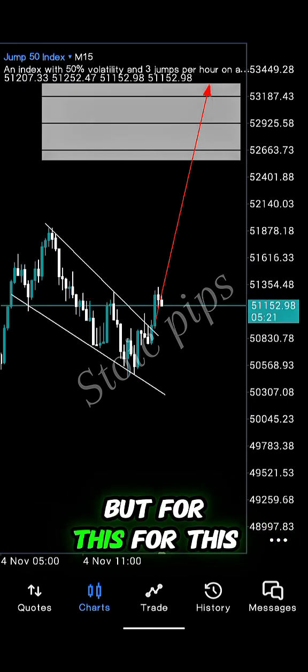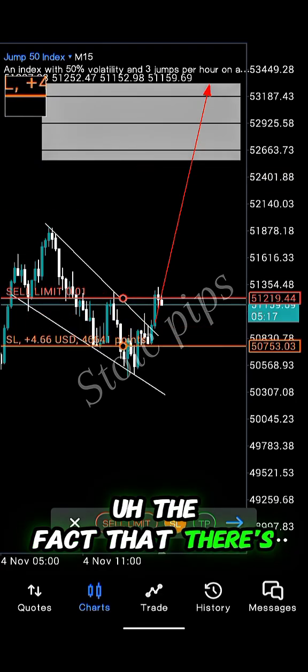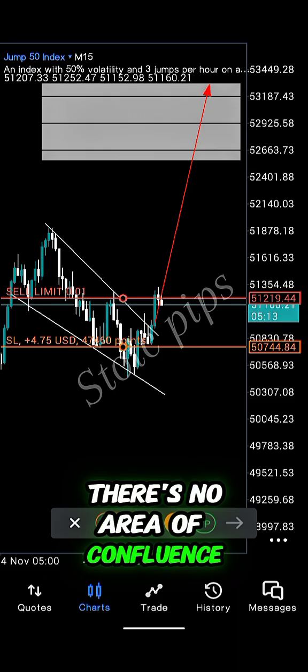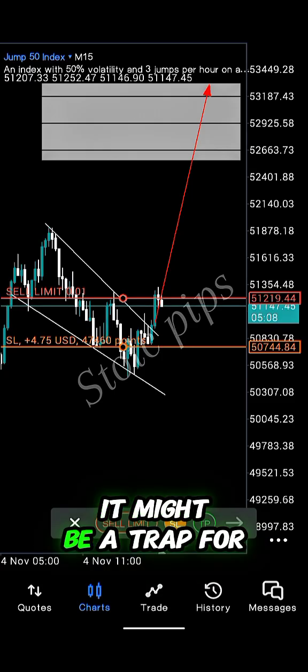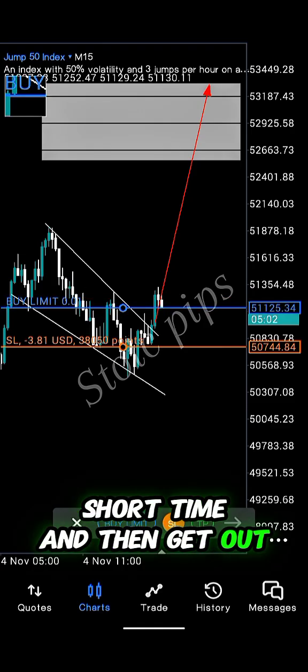But for this, the fact that there's no best drop, there's no area of confluence up there and all of that, it might be a trap for me, right?